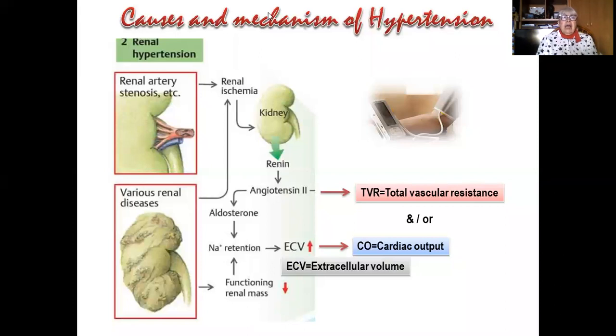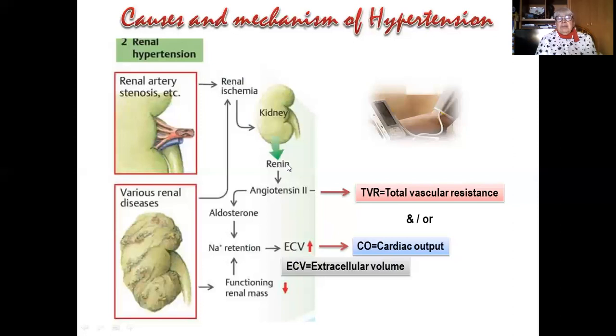So let's look at the origin of secondary renal hypertension. For the first, we'll speak about renovascular hypertension as to renal artery stenosis, for example. And it will be renal ischemia as the result of that.